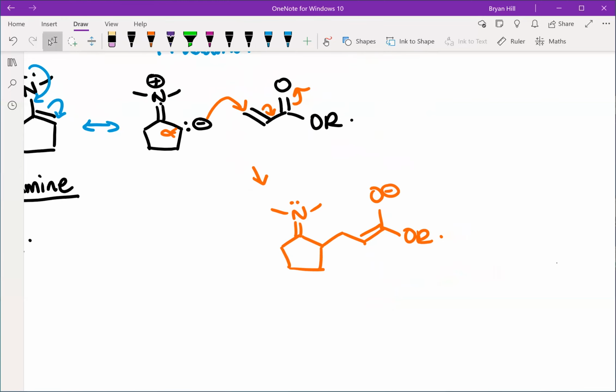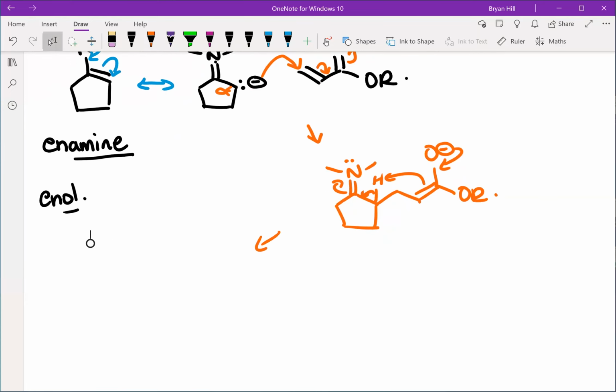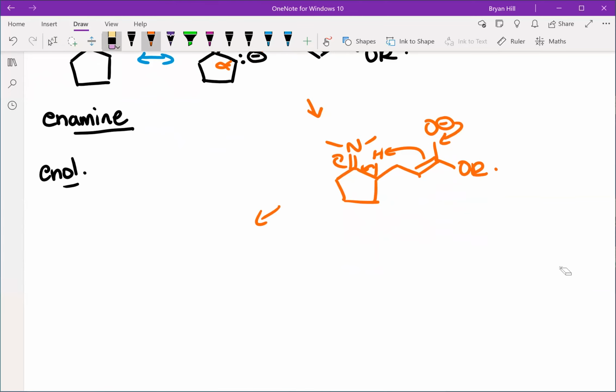You can, I don't know if this would do it intramolecularly or if it happens, because it all depends, but there is a proton here which can just get grabbed. If we do this, then we end up with our, oh, sorry, what am I doing? It's bad news there.